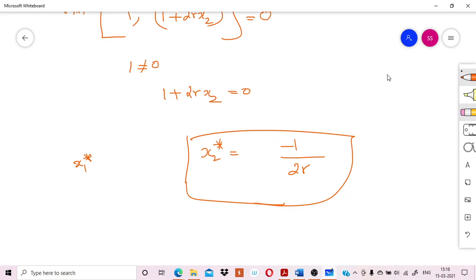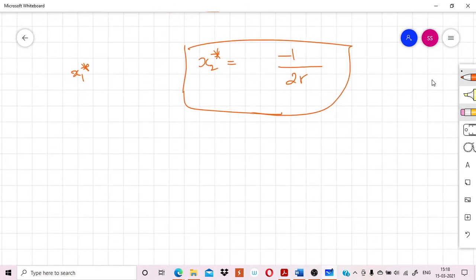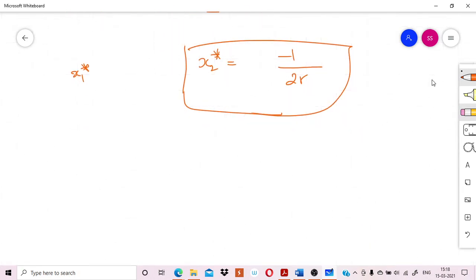So these are the optimum solutions for x1 star and x2 star, the optimal solutions for the unconstrained minimization problem phi of x1 comma r, right?